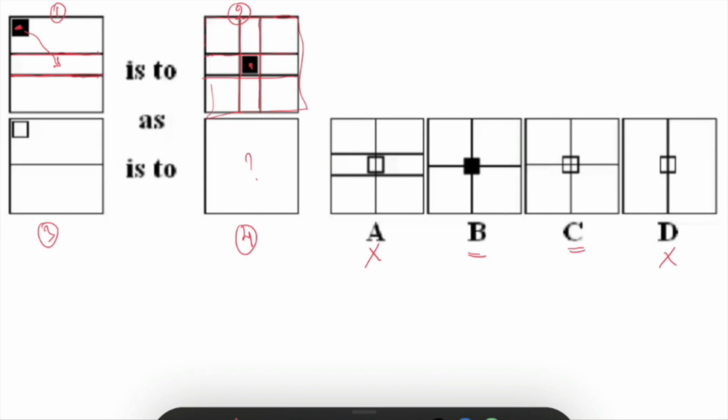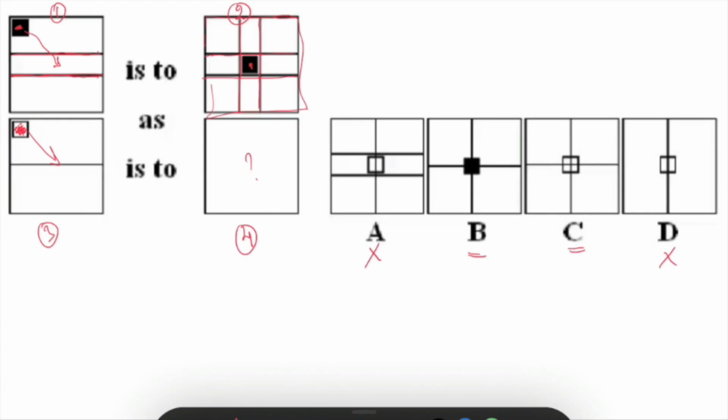Let's come back to figure 3. In light of what happened between figure 1 and 2, the white square in the upper left corner will move to the center, and ask yourself, will it change its color?